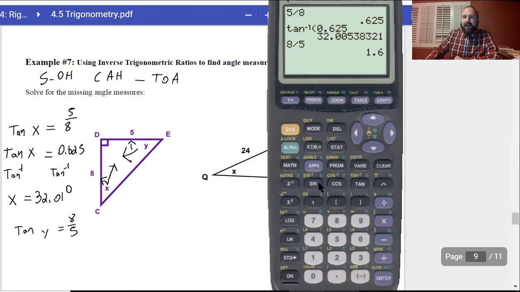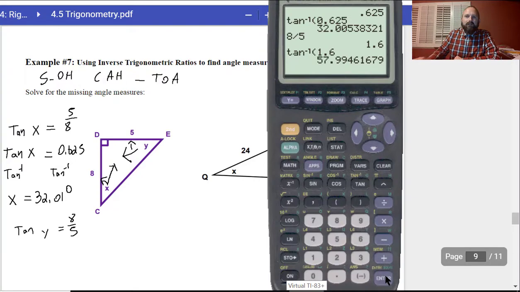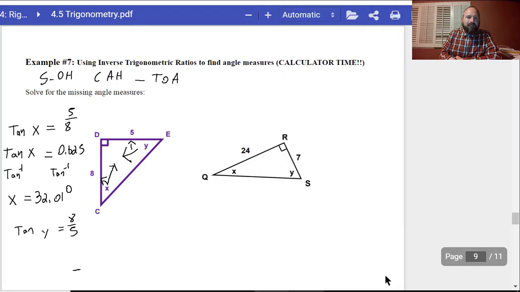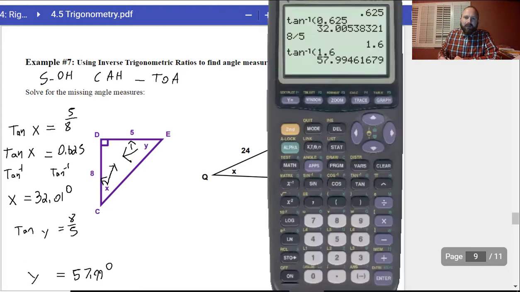The inverse tangent of 1.6 is equal to 57.99. So let me write that down. 57.99 degrees equals y. Let's bring it back up so that we know that tangent of y is equal to 1.6.